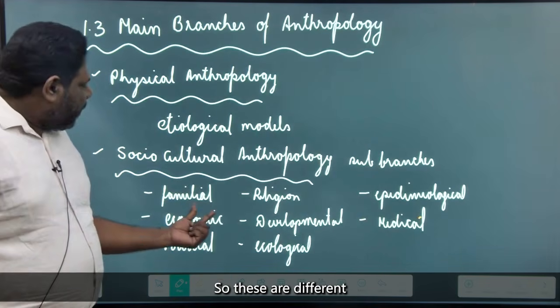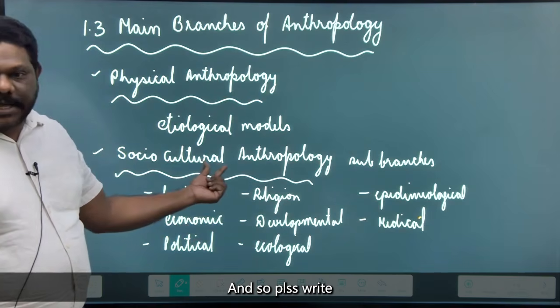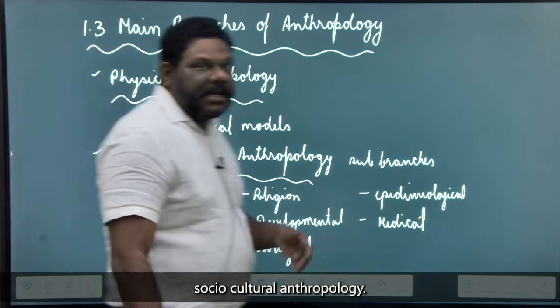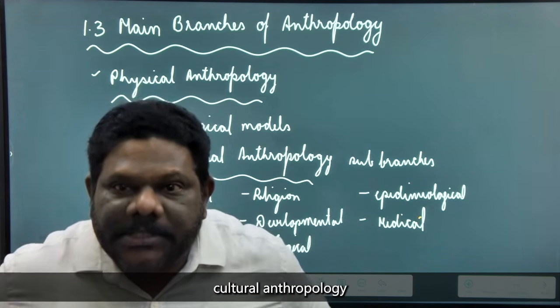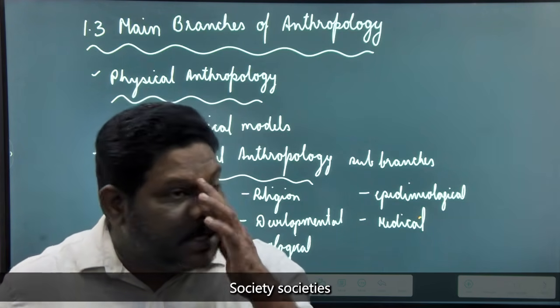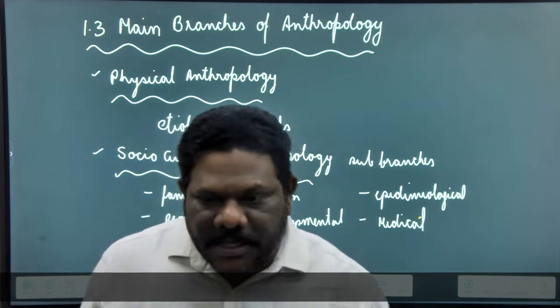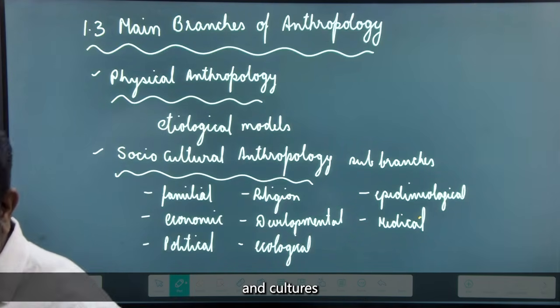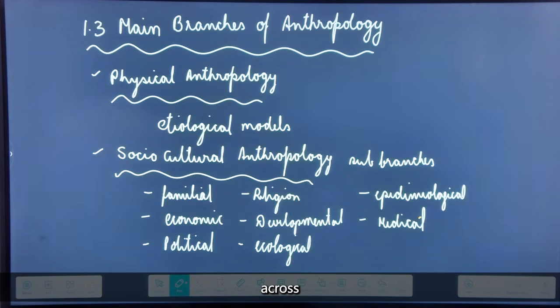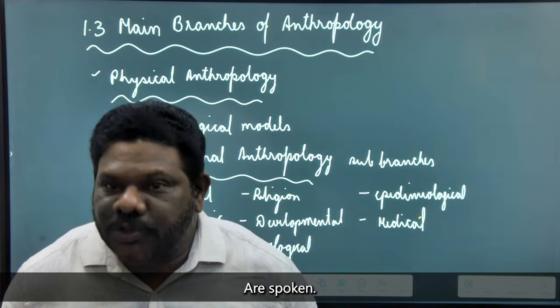So these are different sub-branches under socio-cultural anthropology. So please write: socio-cultural anthropology is the study of societies and cultures across time and space. Put the side heading sub-branches or scope.